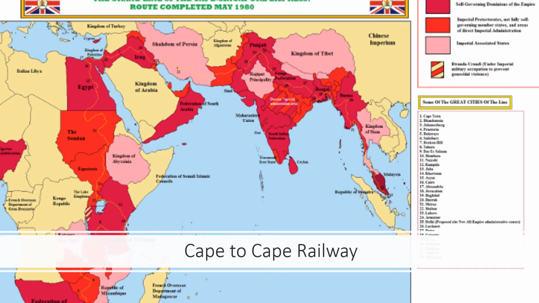If you look closely on this map, you can see a yellow line, which indicates you almost could take a train from South Africa all the way up to Egypt, across the Middle East, through parts of India, all the way down to Kuala Lumpur, Malaysia. That is a really long railway. And actually, some sections of the railway are still being used today or have been rebuilt for the purposes of today.